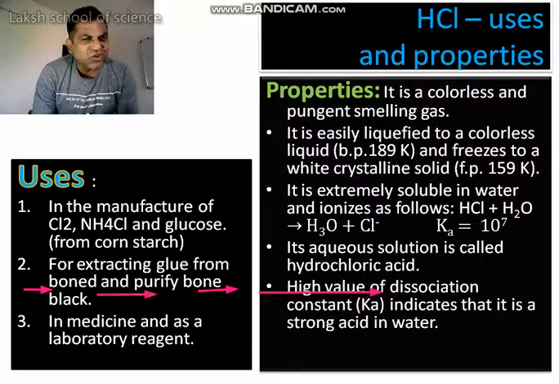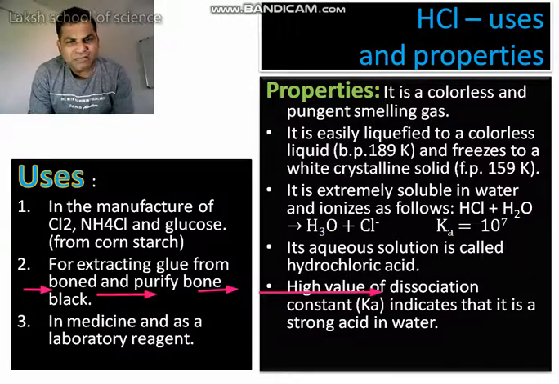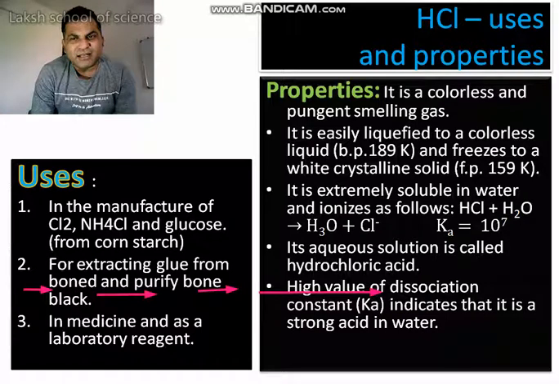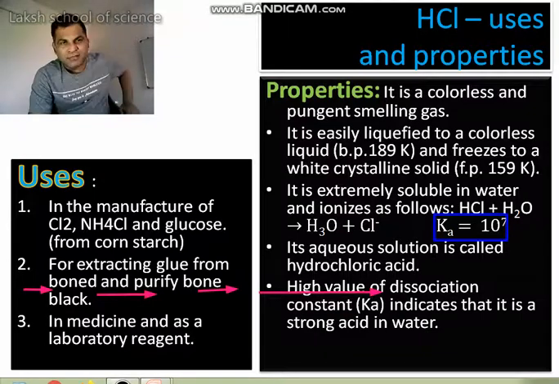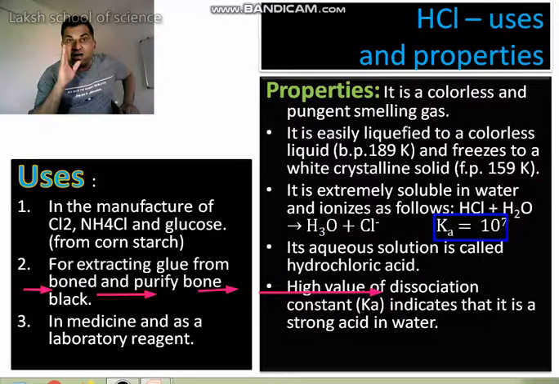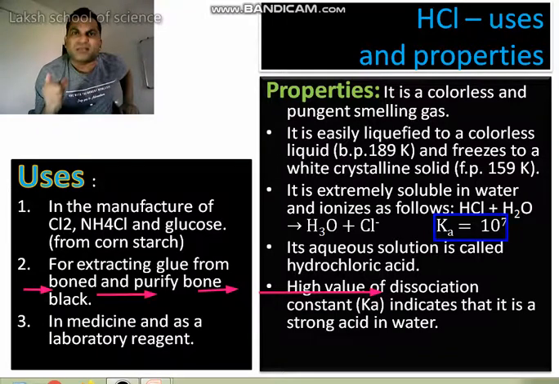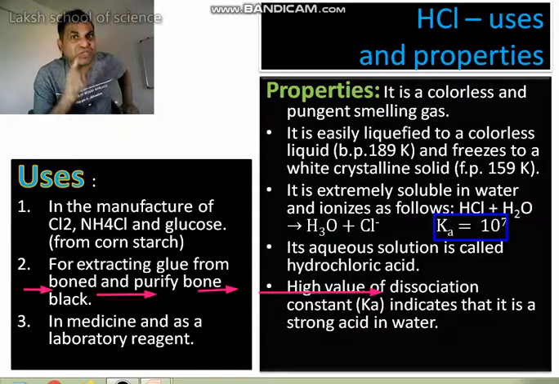It is extremely soluble in water and ionizes as follows: HCl plus H2O gives H3O plus and Cl minus. The remembrance point, dear students, is the value of K of this equation, which is nearby 10 raised to 7 positive. That is too much in chemistry.